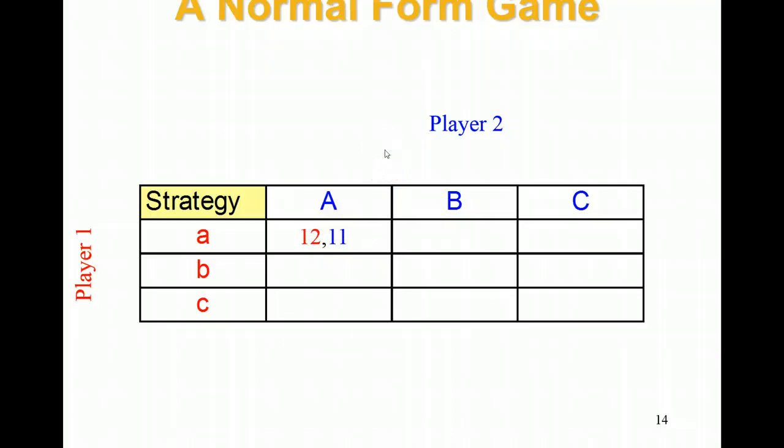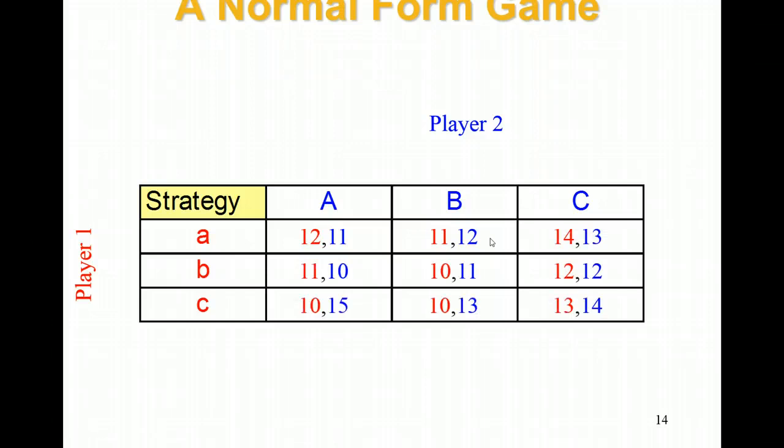So player 1 is going to get $12 worth of profit and player 2 is going to get $11. And we can see that if player 1 continues with his strategy of little a, and player 2 continues with her strategy of big B, you could see the payoffs here. 11 for player 1, 12 for player 2, and so on. So we could populate this whole matrix like this.